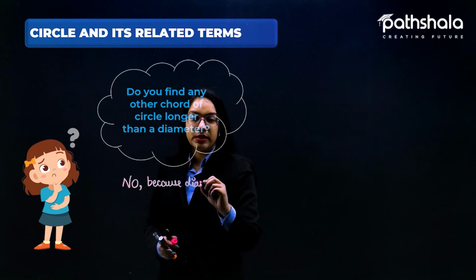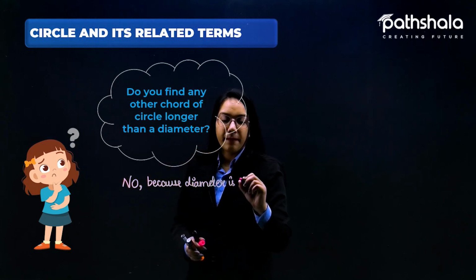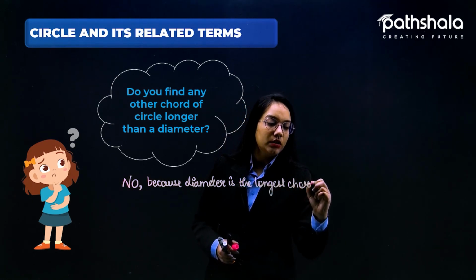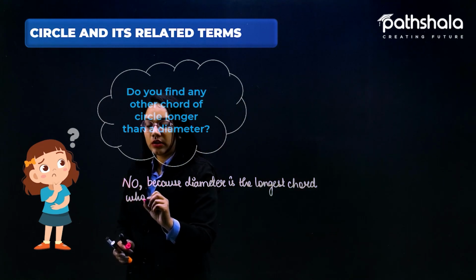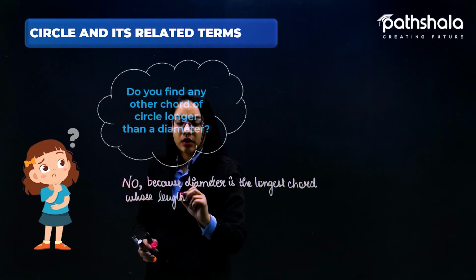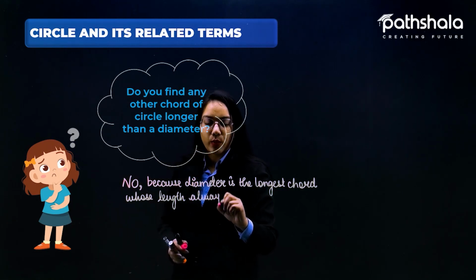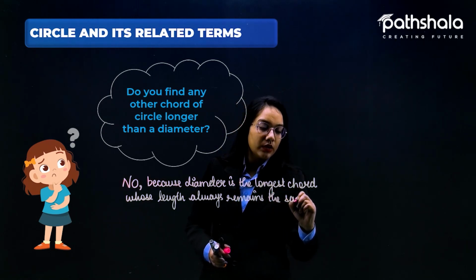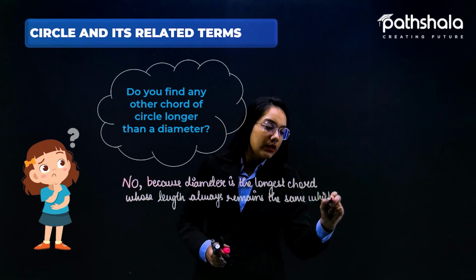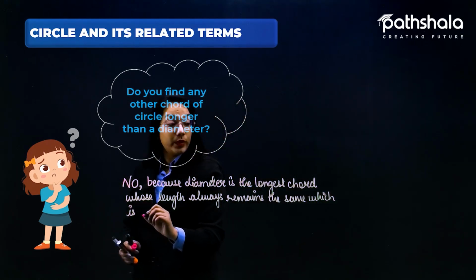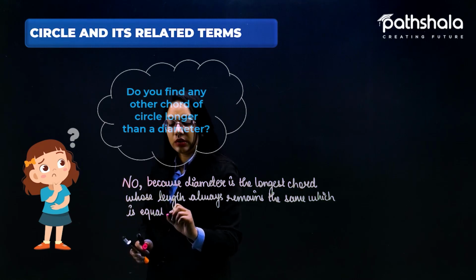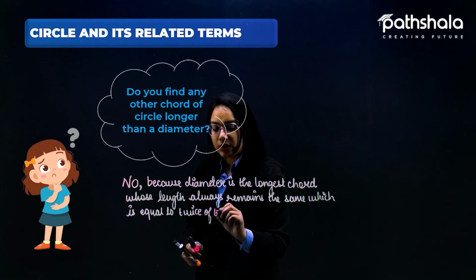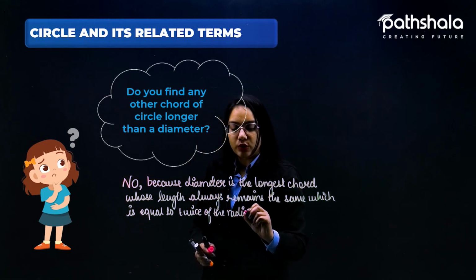the diameter is the longest chord, whose length always remains the same, which is equal to twice the radius.